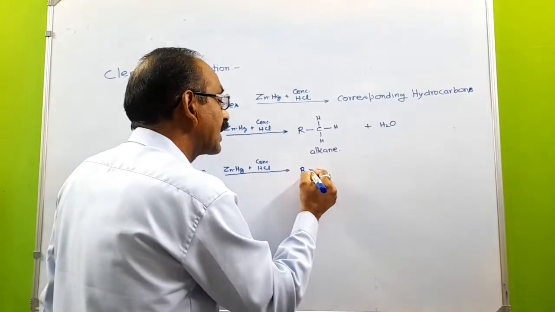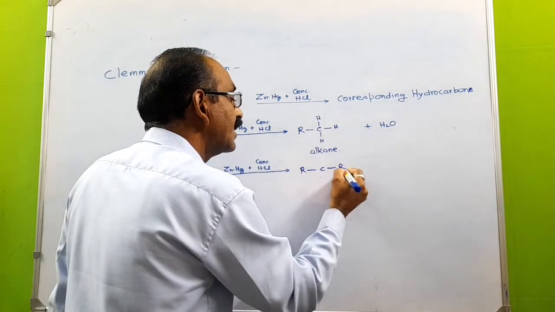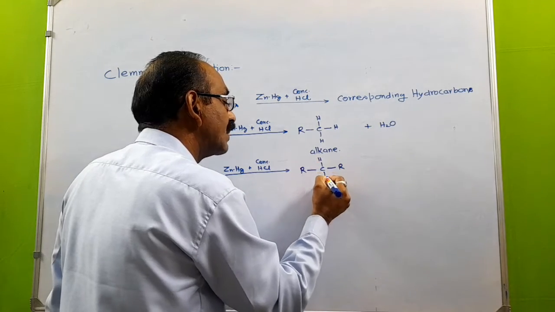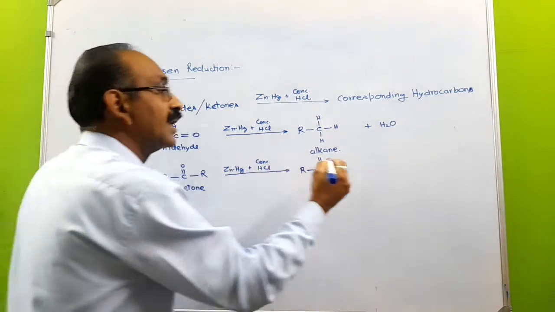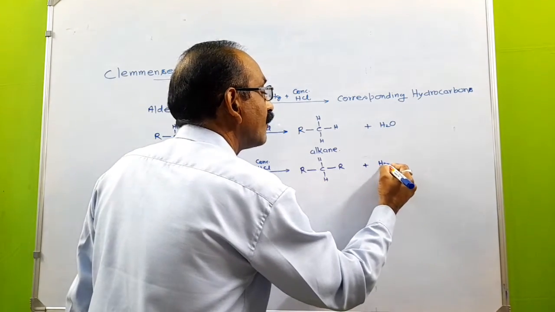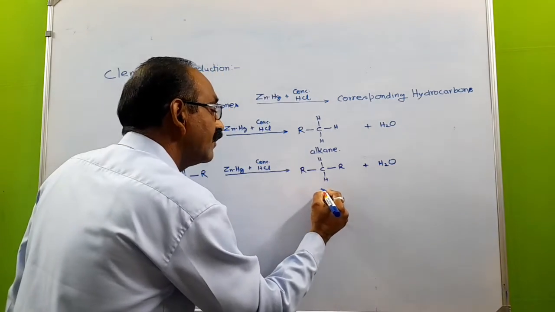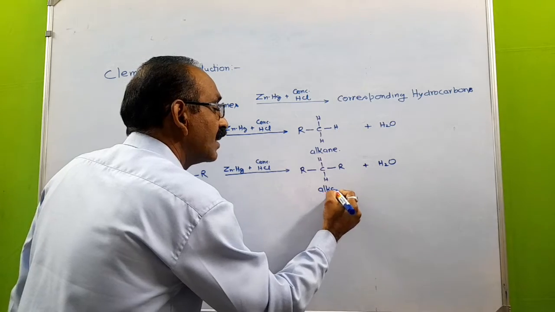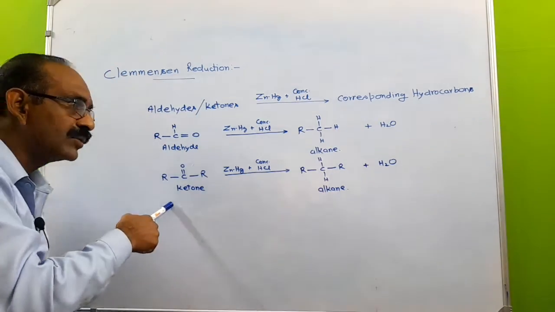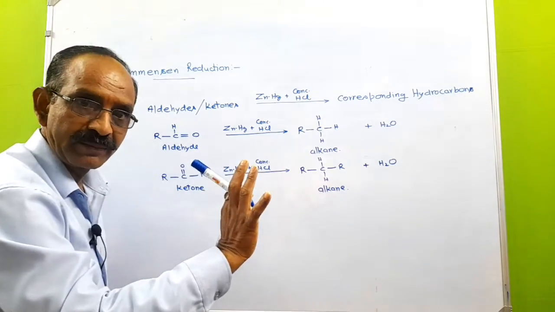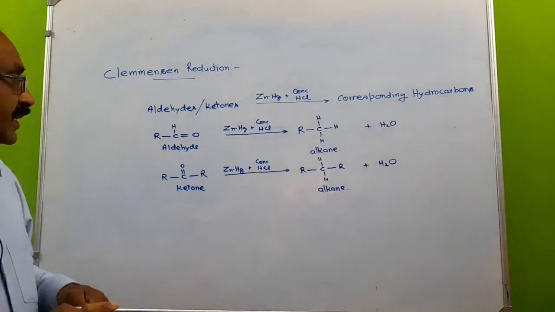And here we will get R, C, R with two hydrogen atoms added over the carbon, and the oxygen will be lost in the form of water. Again we get a hydrocarbon, alkane. As I am taking aliphatic ketone, so I will get the alkane. Now this is the reaction.